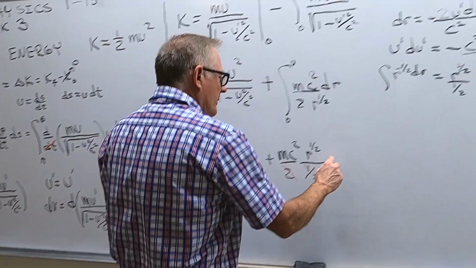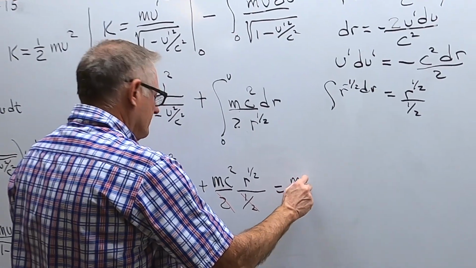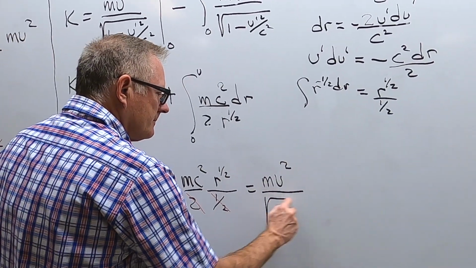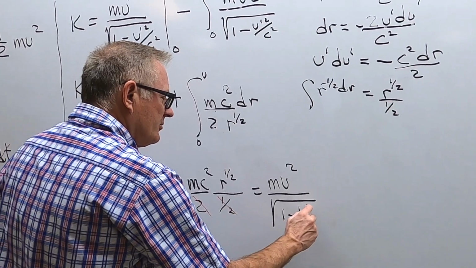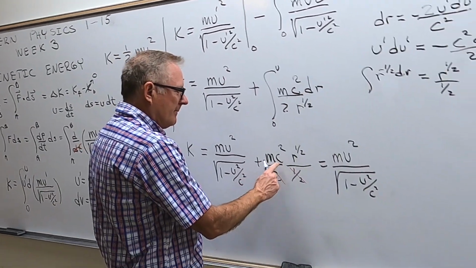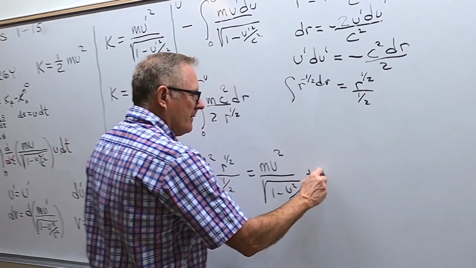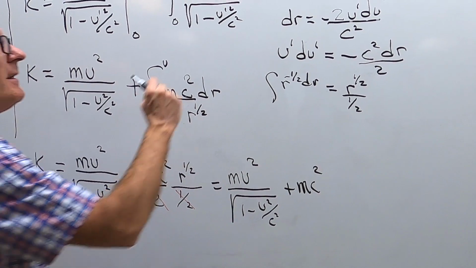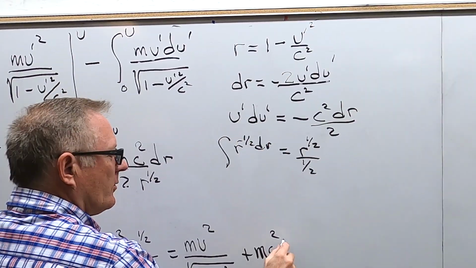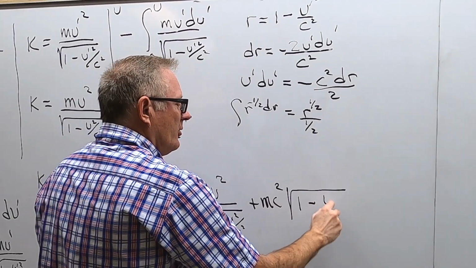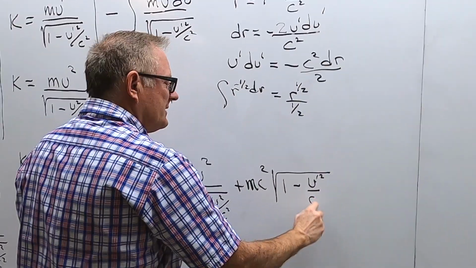And we still have to evaluate it, but I'm going to plug back in what r is. So we got mu squared all over the square root of 1 minus u squared over c squared, and we got plus mc squared. Sounds familiar, mc squared. We get the square root of r, which is 1 minus u prime squared over c squared.